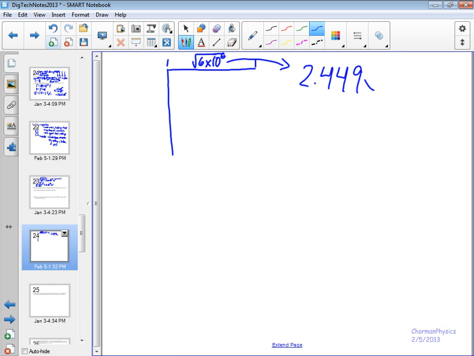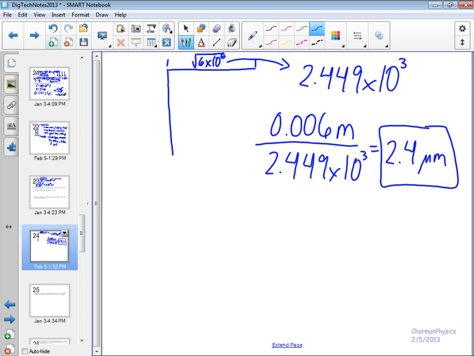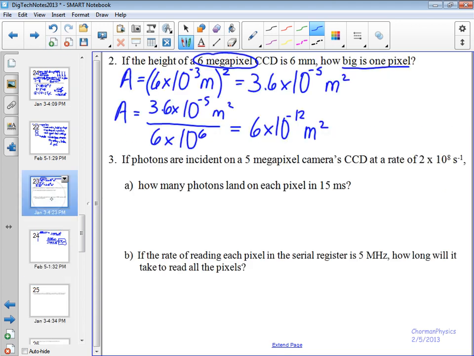So this number is just this right here, kind of a messy number, all right? And so you can just divide the length of one side by this, and this will give you the length of one side of the pixel, which is just 2.4 micrometers. So each of these pixels is incredibly small. That's approximately the size of each side. So that gives you an idea right there of the size of a pixel.